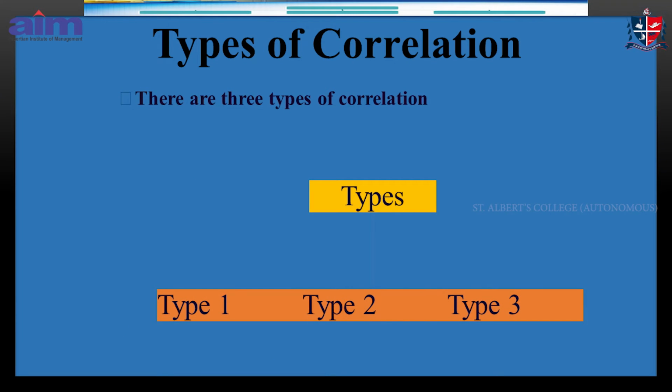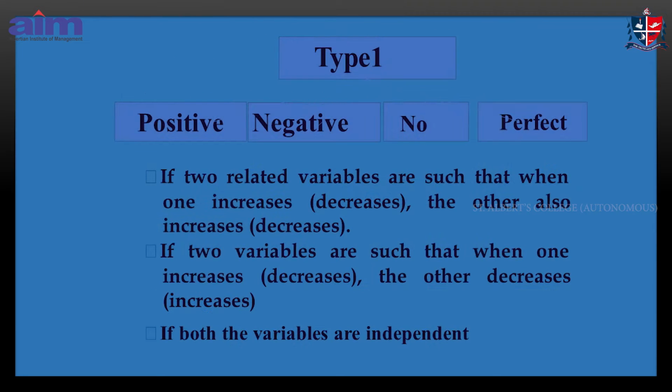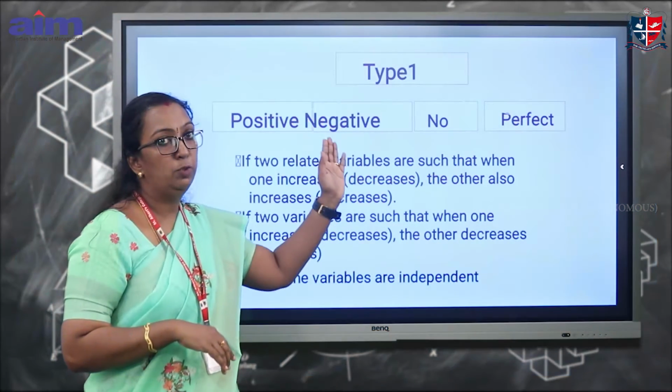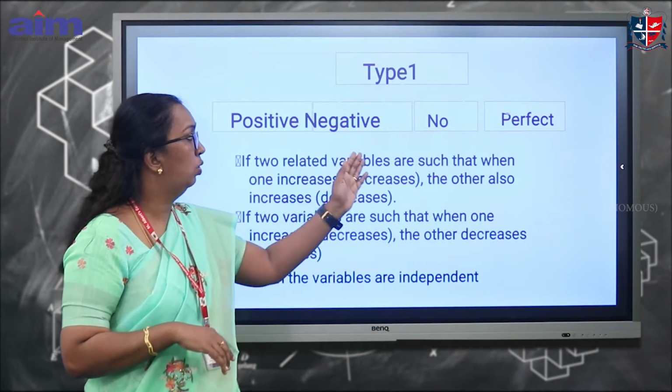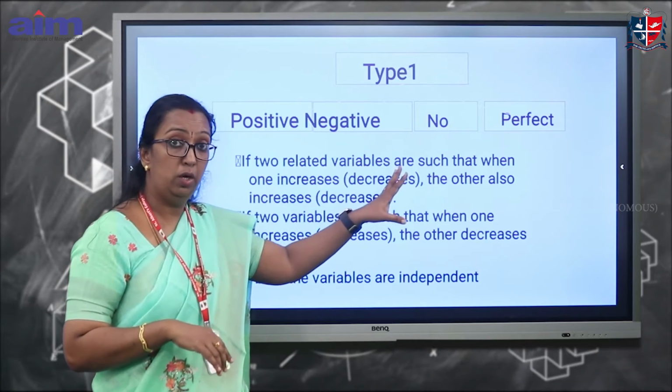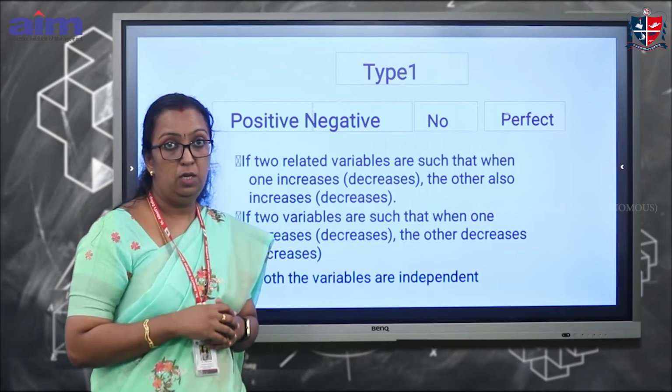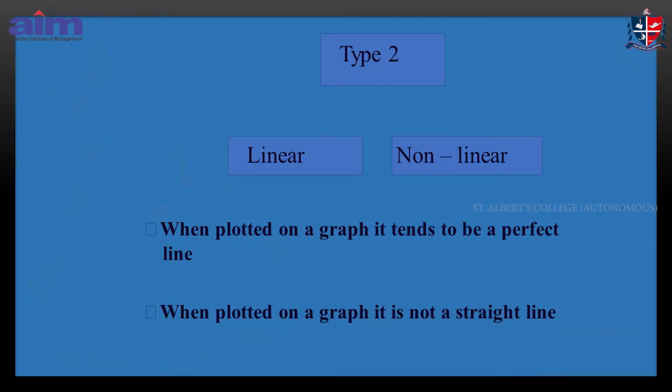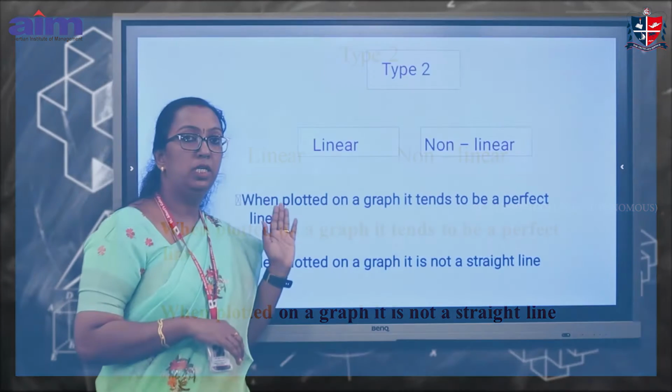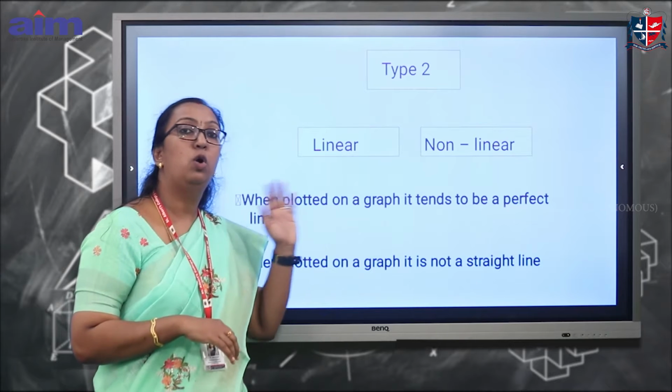Now, types of correlation. Correlation can be divided into three types, that is type 1, type 2 and type 3. In type 1, it shows whether it is positively correlated or negatively correlated, or there is no correlation, or it is a perfect correlation. In type 2, it shows whether it is a linear or a non-linear relationship.